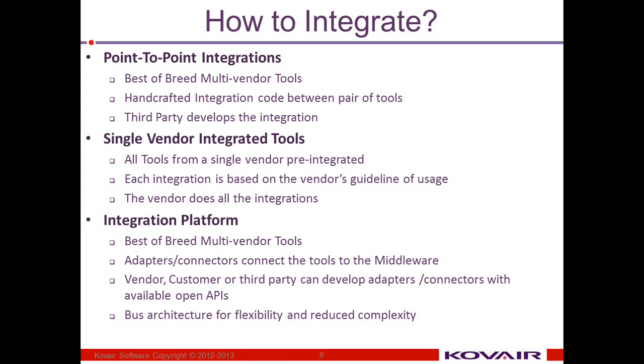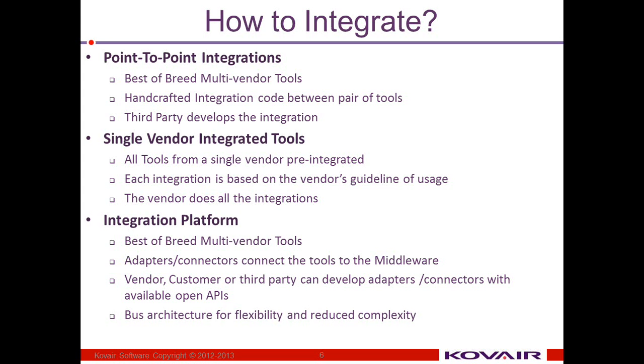And the third option is integration platform. This allows you a mix of tools from different vendors. You can choose the best of breed tools from each of the separate vendors. You can have adapters or connectors to these tools. They will connect you to the middleware.